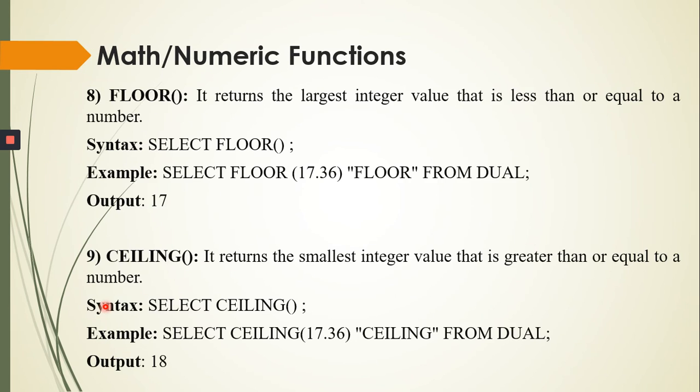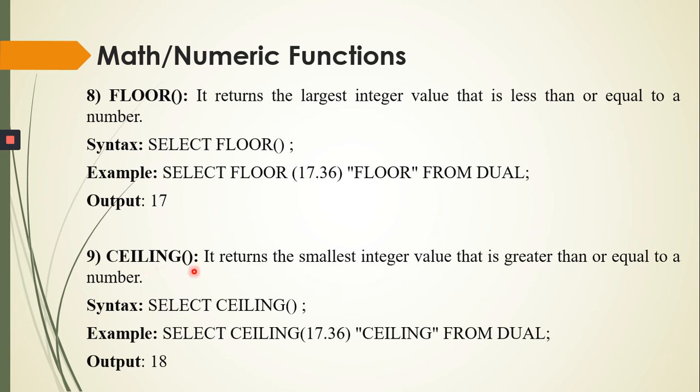Now next is floor. It returns the largest integer value that is less than or equal to a number. Select floor, and in the bracket if we write 17.36, it will give 17 as output. So select floor 17.36 from dual gives the output 17.